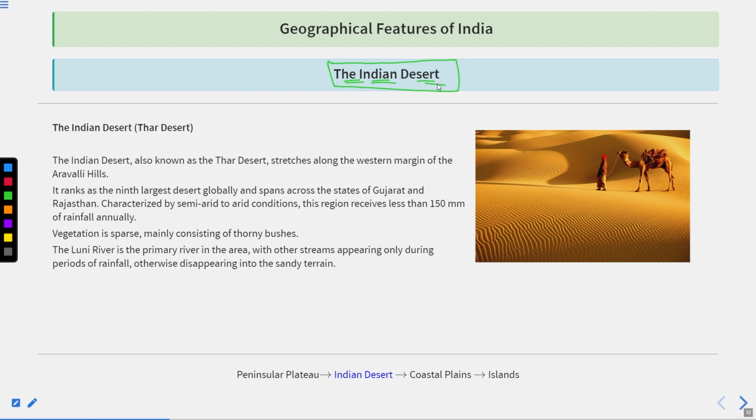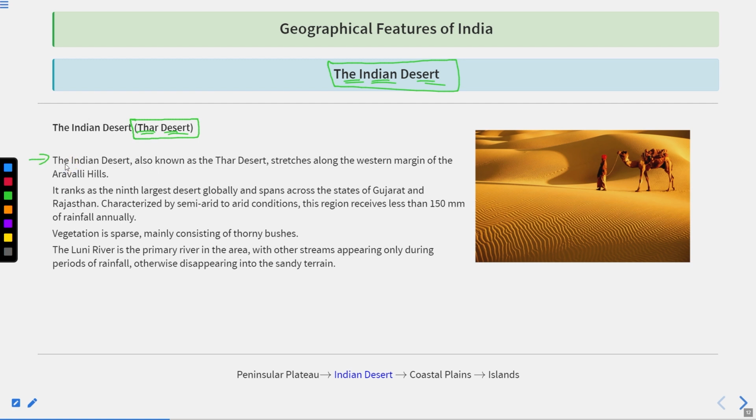But in the hot desert, the rainfall is low, no such vegetation, but temperatures are generally high in comparison with the cold desert. So basically, when we talk about the Indian desert, then we only talk about the Thar desert, and the Thar desert has the higher temperature.